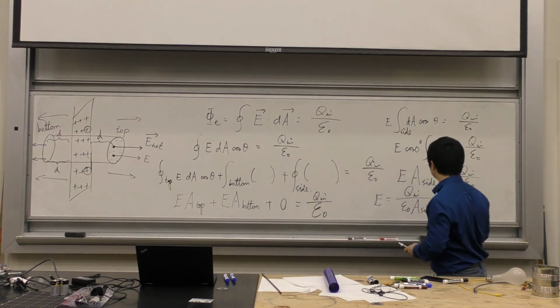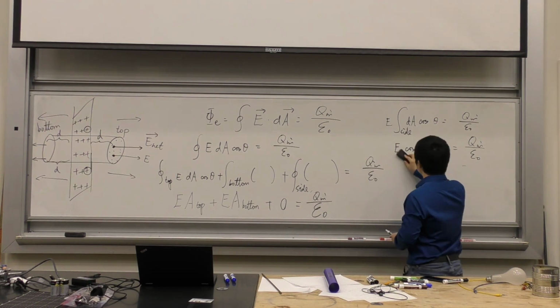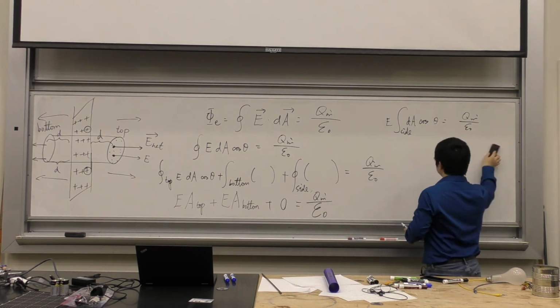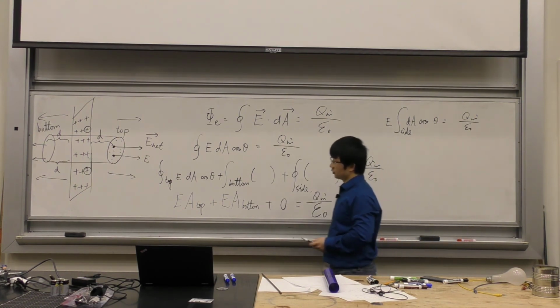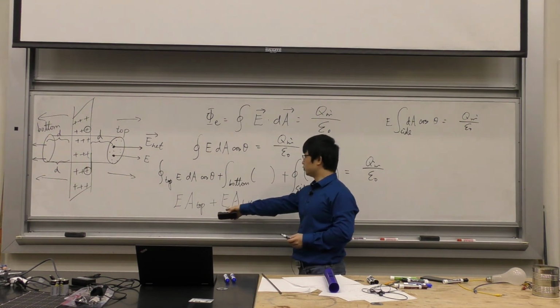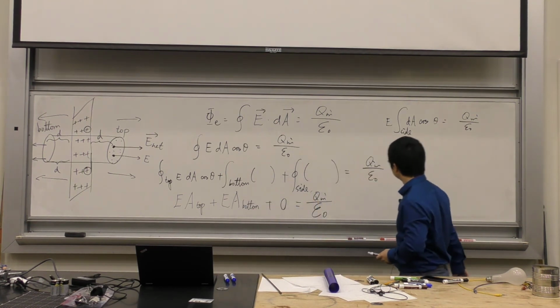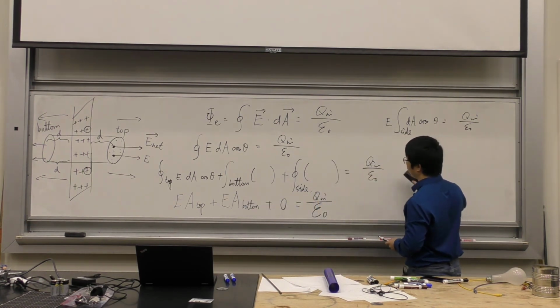So this is what I get if I evaluate this integral on this cylinder, but I didn't actually integrate anything. I still used the conclusion from one of the special cases we've seen.